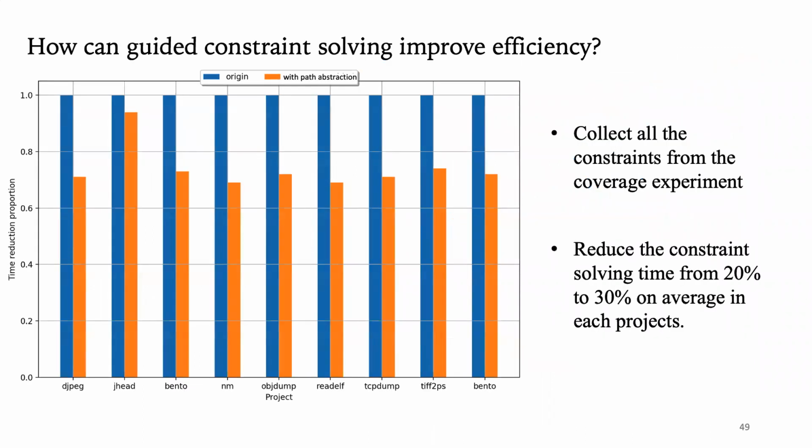For the individual contribution of the 2 methods, guided constraint solving and constraint mutation, we compared the time cost of original constraint solving with guided constraint solving. We conducted the experiment based on the constraints collected in the previous coverage experiment in 24 hours. We found that path abstraction can reduce 20% to 30% time cost on average for constraint solving.